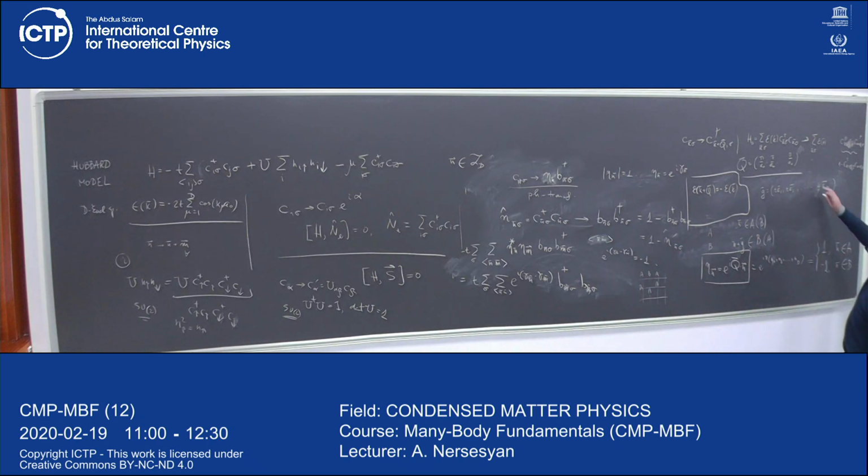So what remains is only this minus piece. So you get minus sum over k, sigma, epsilon of k, and this expression with k plus Q.